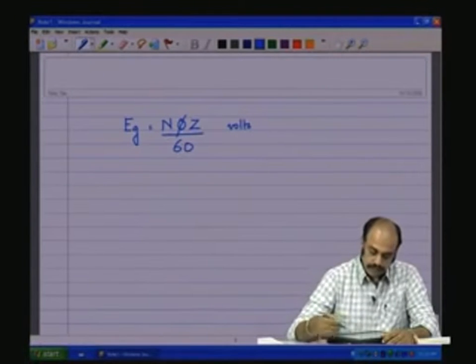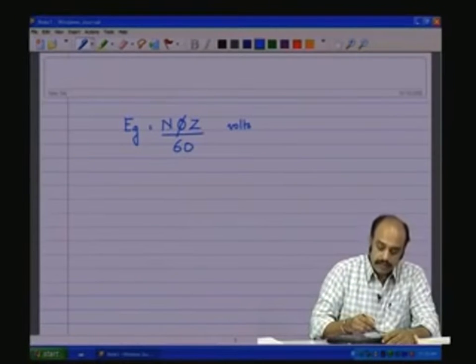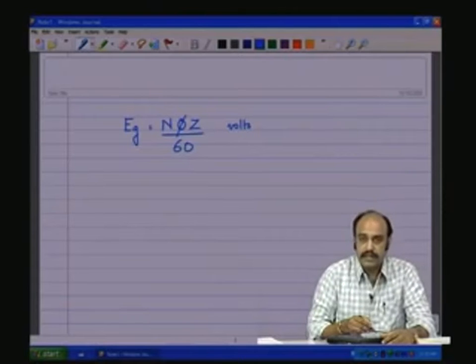Now here N is the RPM of the rotor, the armature, phi is the flux per pole, z is the total number of conductors in the armature.